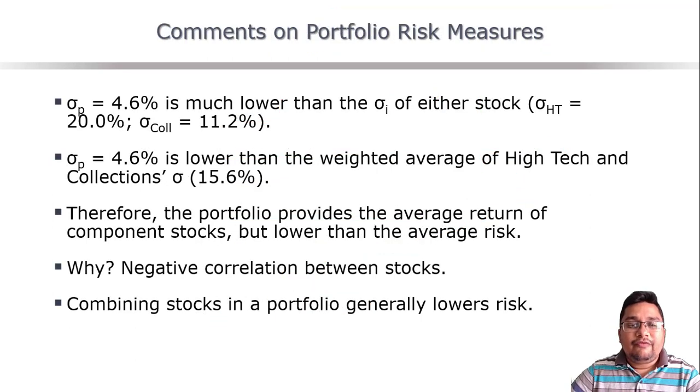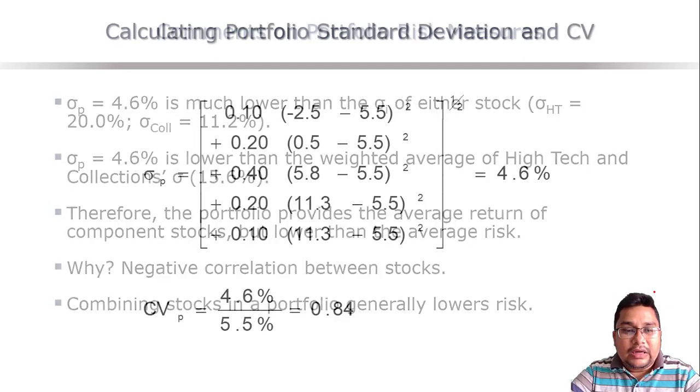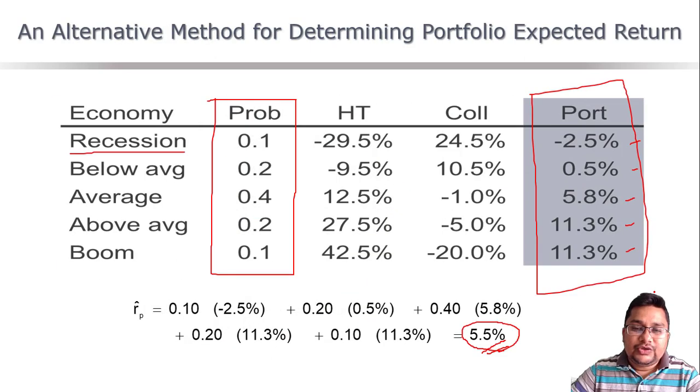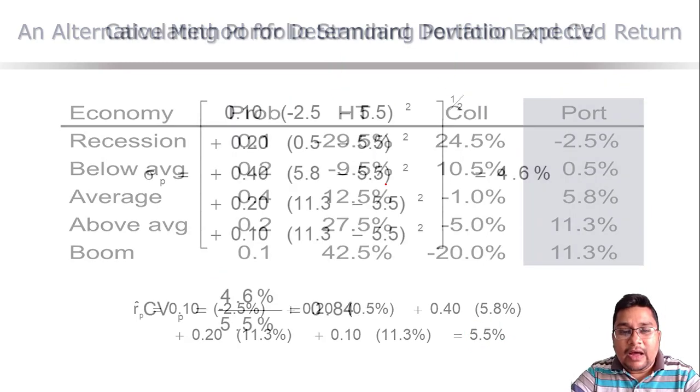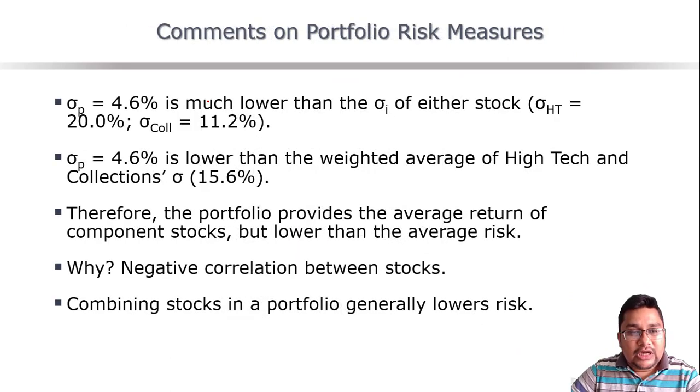Now I want to show you a very interesting finding. If you calculate the standard deviation of these two securities separately, HT and Collections, the first one and the second one, you will find that the standard deviations are 20% for the first one and 11.2% for the second one. And if you take the weighted average standard deviation of these two securities, it is 15.6%.